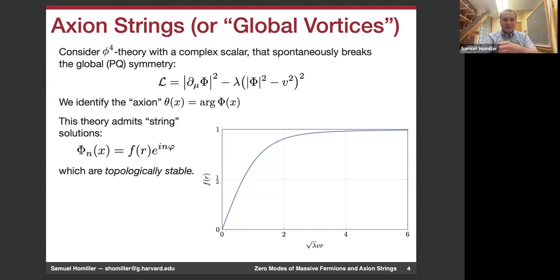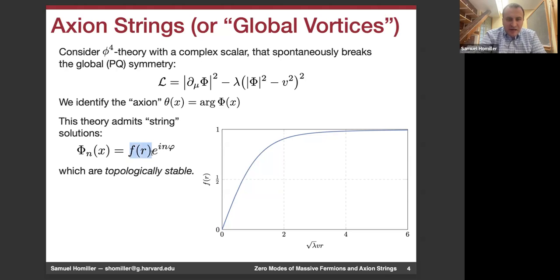So I center this at the origin, call the radial coordinate r, and I imagine that the classical profile of this field is such that, where n is some integer, as I go around the origin, the field value winds once, and then it comes back. And so it has this non-trivial topology built into it.